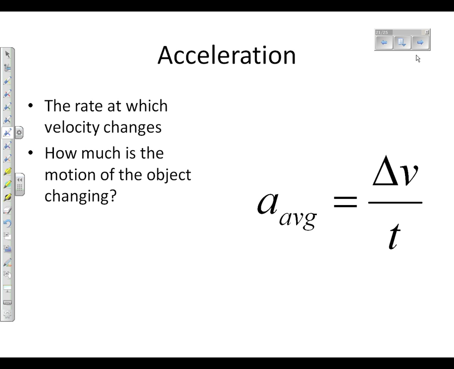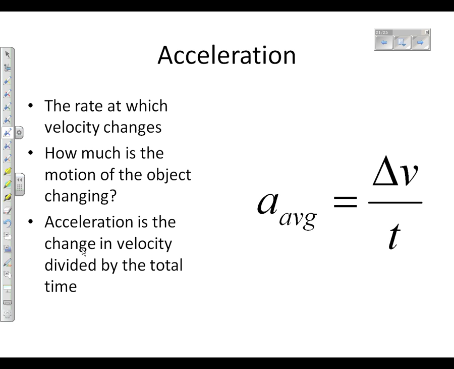That's what acceleration tells you. It's kind of a tricky concept, and we'll get into it a little bit more over the next couple days. Okay? As far as calculating it goes, you already wrote down the formula, but acceleration is the change in velocity divided by the total time. To calculate the acceleration, you need the change in velocity divided by the total time over which that change occurs.